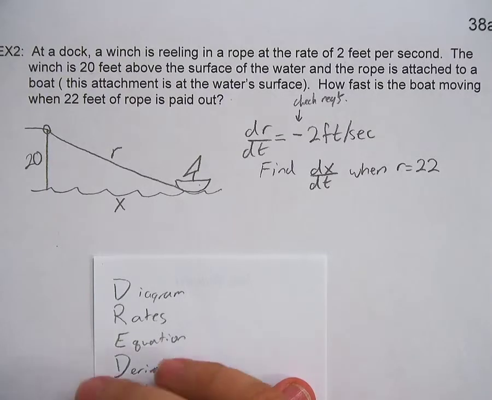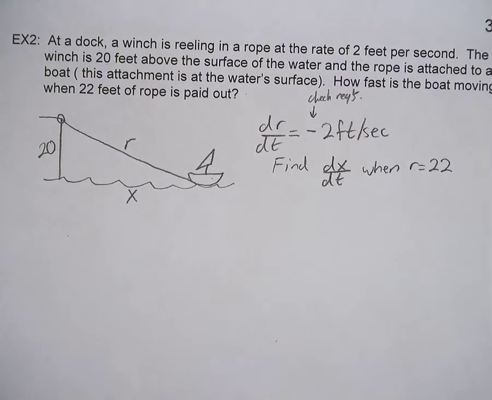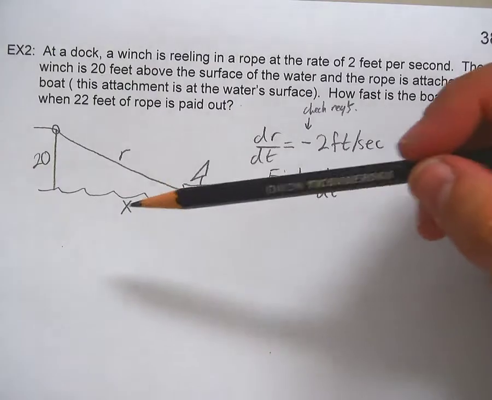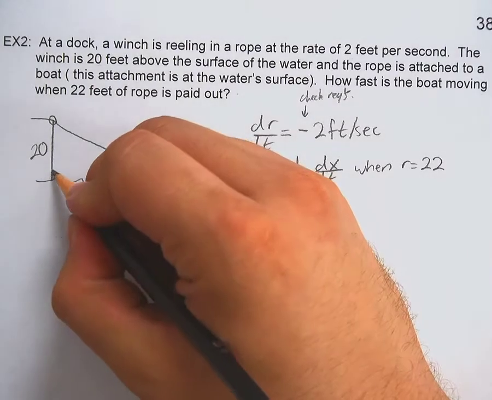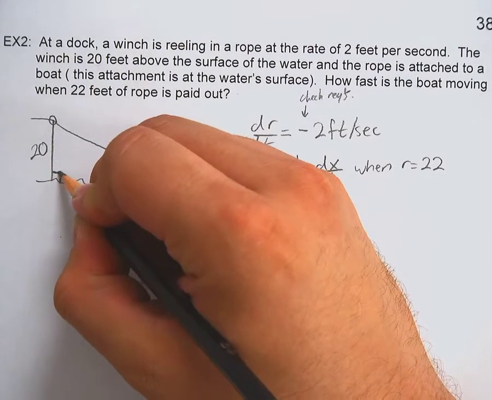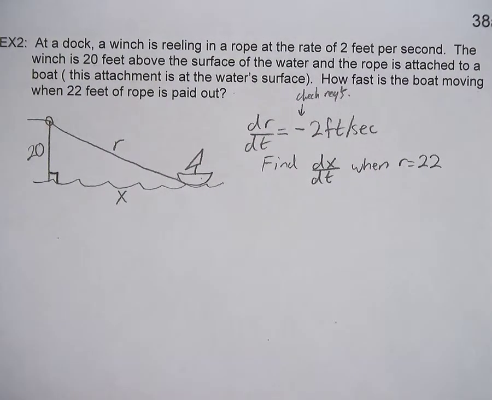Okay, so now the hardest part about this is probably the equation. I've got to come up with some type of relationship between x, 20, and r. Some type of relationship between three sides of a triangle. Now, since this is a dock, this is a right triangle.